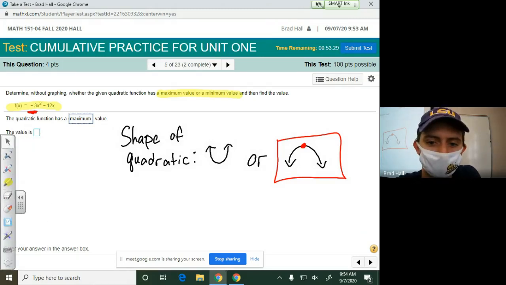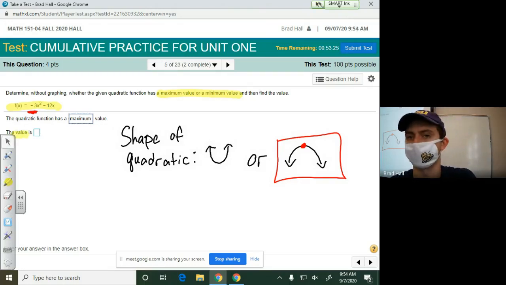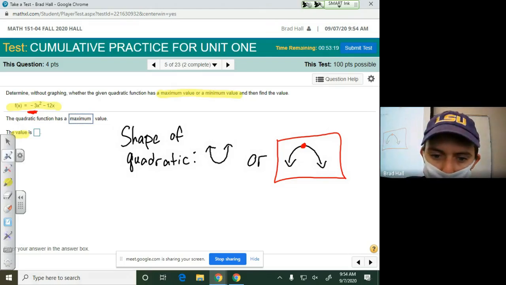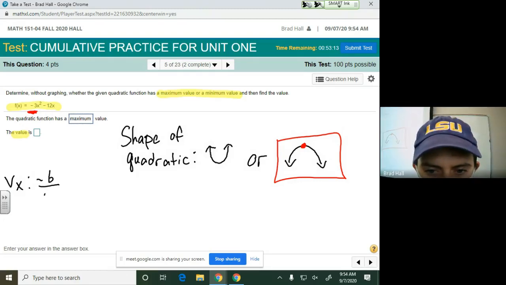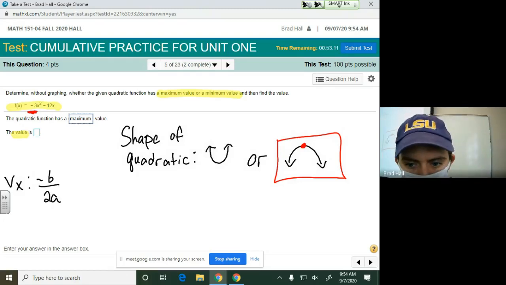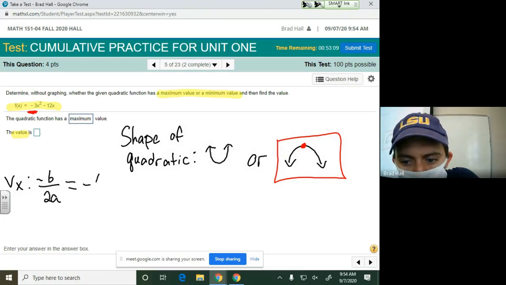So in order to figure out the y coordinate, we first need to figure out the x coordinate. You cannot find the y coordinate without the x coordinate. So we have to find the x coordinate first. It's -b over 2a. It's going to be minus -12 divided by 2 times -3.